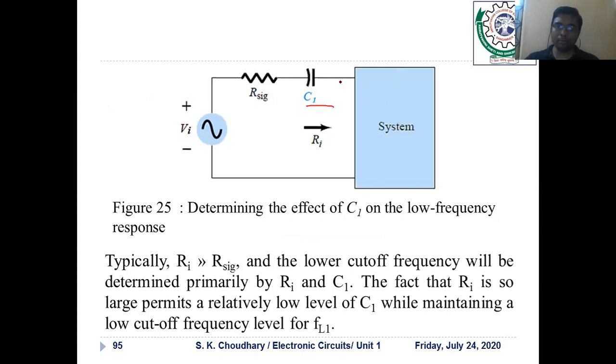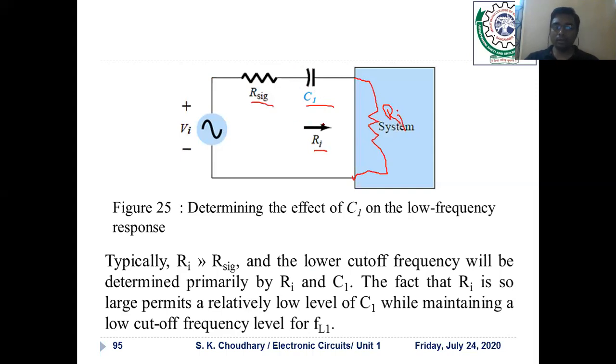Inside this box you can consider a resistor, that is nothing but the input resistor of the amplifier or active device, that is Ri. So in this way FL1 is 1 upon 2 pi (R signal plus Ri) into C1.